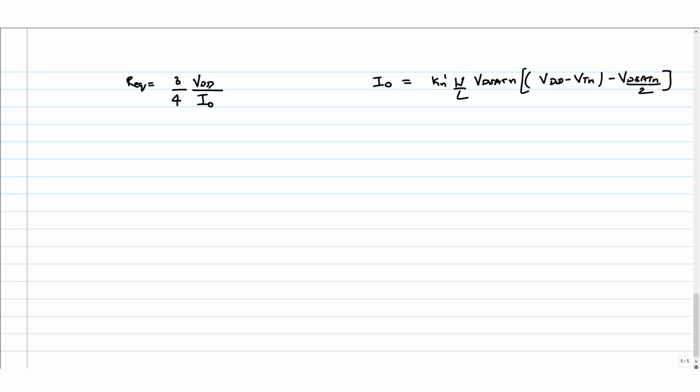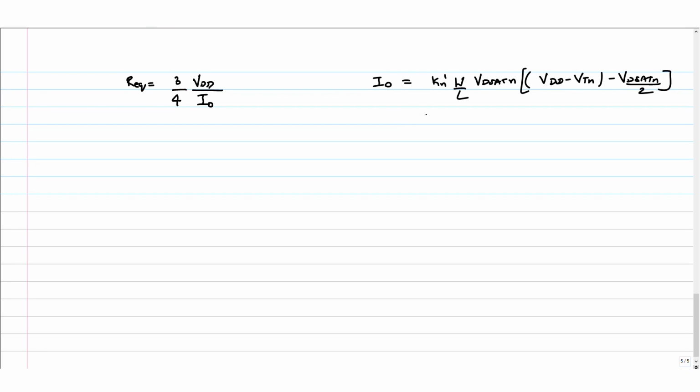Okay, so let's look at this equation a little more closely. R equivalent is 3 by 4, and I leave out this lambda parameter, times 1 over I naught. If it is velocity saturated, then I naught is equal to Kn prime W by L Vd sat n into Vdd minus Vtn minus Vd sat n by 2.